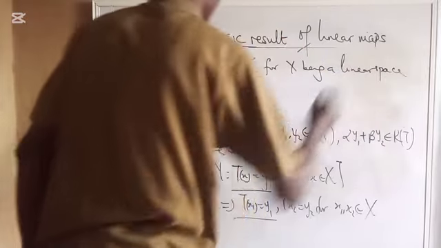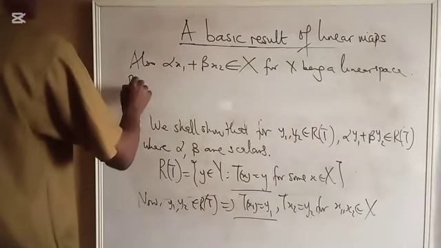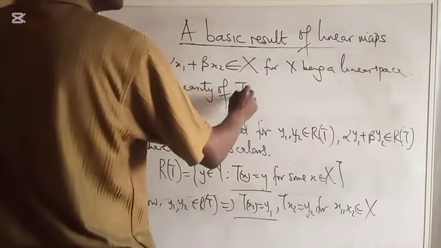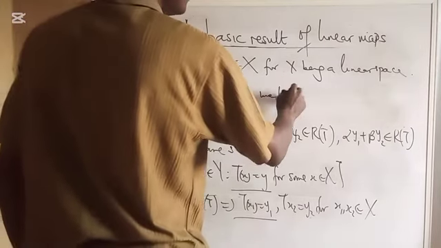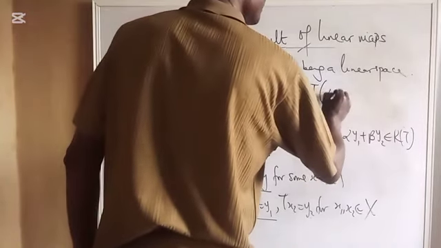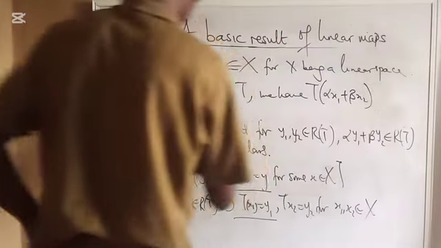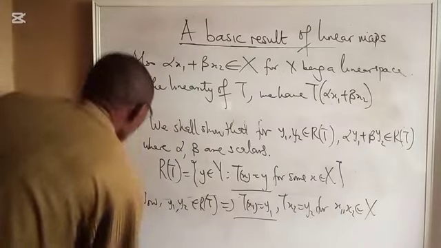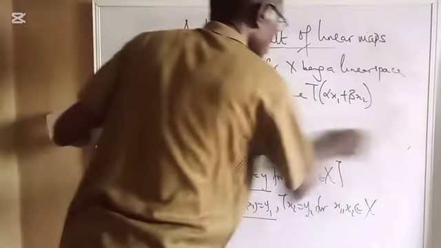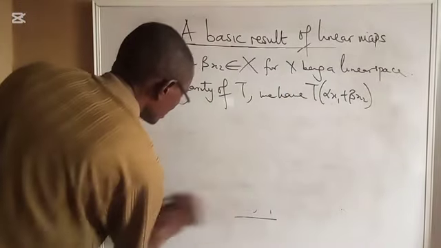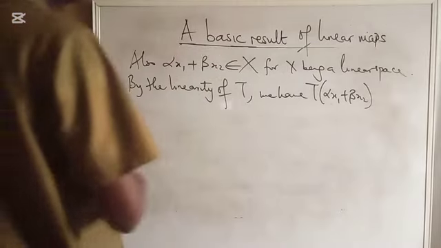And by the linearity of T, we have T of alpha x1 plus beta x2 will be equal to, let me clean this, will be equal to what?